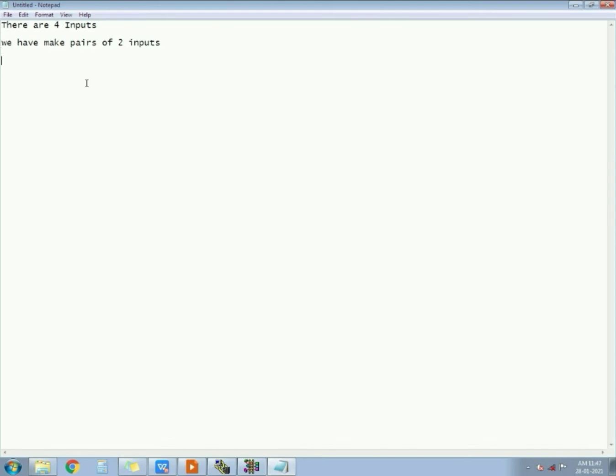There are 4 inputs, A, B, C, D. So for any 2 inputs we have to make pairs.